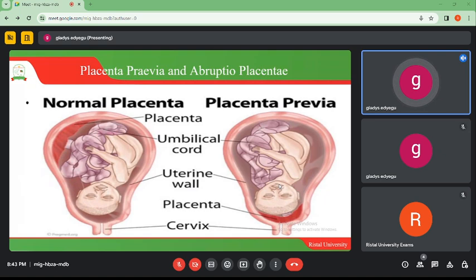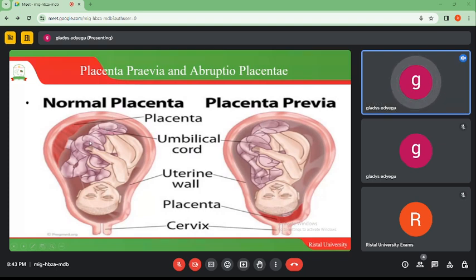So I want us to see where placenta previa can occur and where the placenta is located in the case of placenta previa. Where you see my cursor, in this uterus, the baby is lying well. This is a normal lie. And this red part here is the placenta, as it's labeled. And then we see the umbilical cord, which is this part where the cursor is running through.